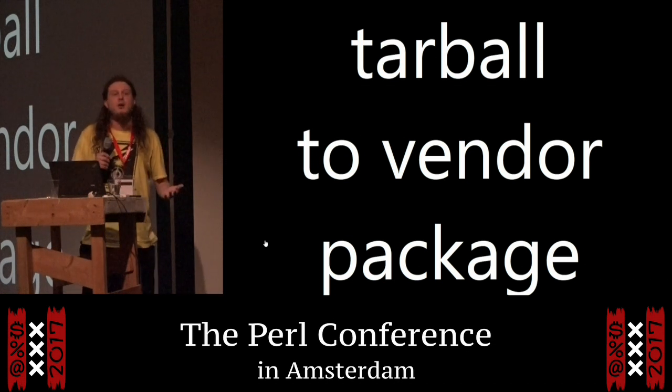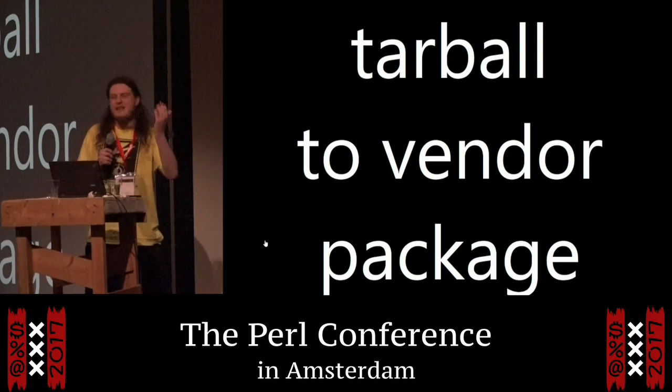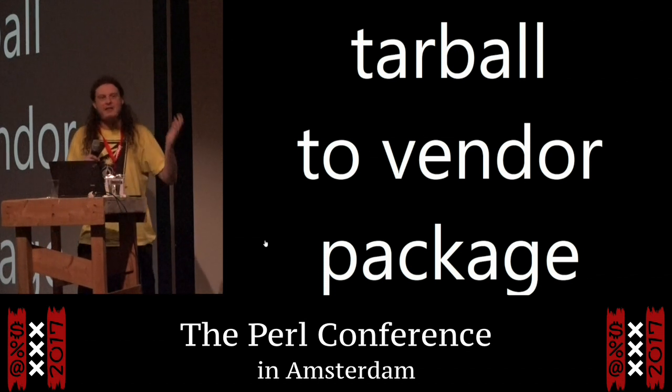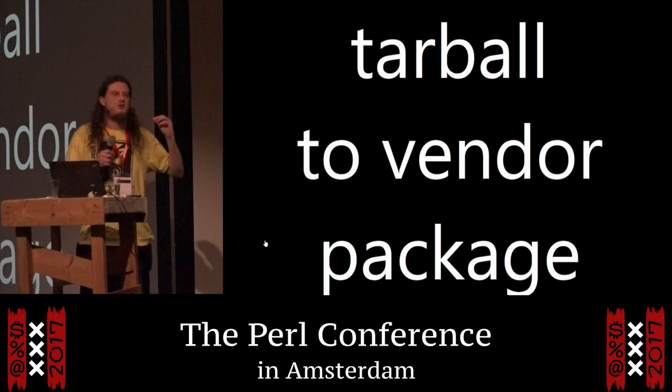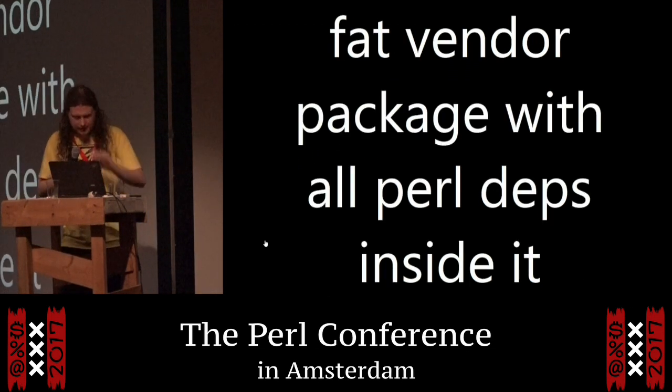You can do it from a tarball, so if I'm told I have to deliver something as a deb, what I'll generally do is build the app with a carton local, tar up the entire application, including its local lib, and then use FPM to convert that through to a vendor package. Systems can work with a vendor package, but I still don't have to worry about system modules screwing me up later.